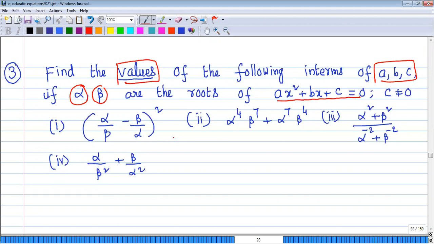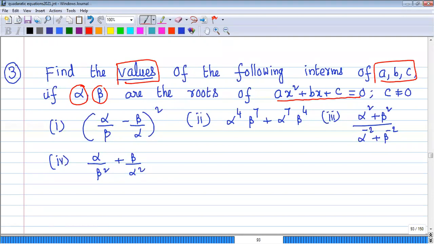That means, since alpha, beta are the roots, we can establish a relation between them: alpha plus beta is equal to minus b upon a, alpha beta is equal to c upon a. With the help of these two values, these four questions can be dealt with.